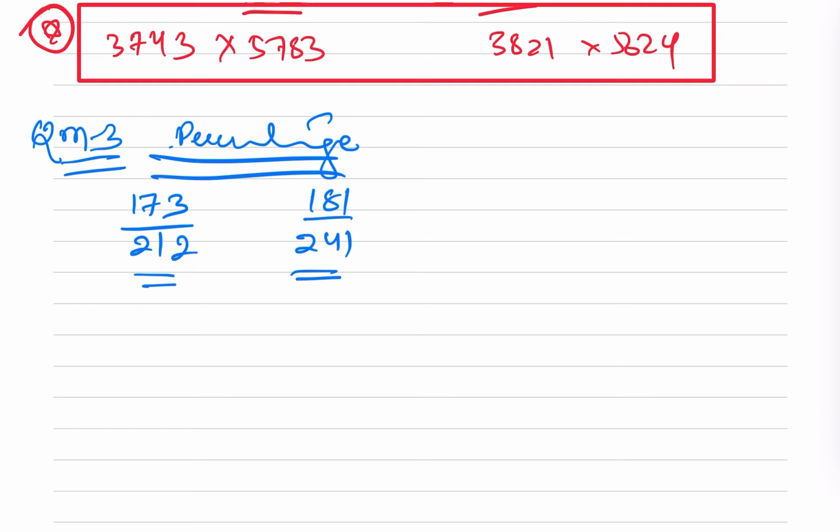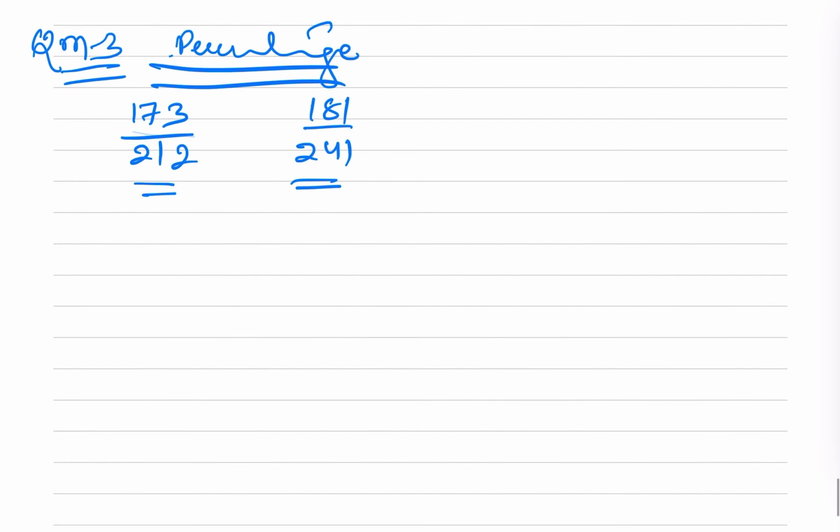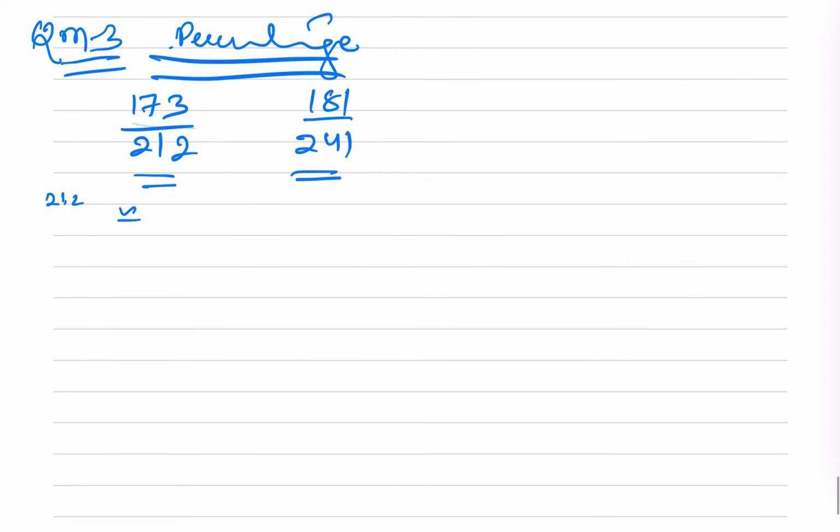Okay, so in method 3, percentage, 173 divided by 212 and 181 divided by 241. Now you have to think. If you see the percentage concept, it is very well known. If you see this 212 and 241, do you think it is approximately what percent? 10% of 212 will be 21.2, so it is approximately 80%.